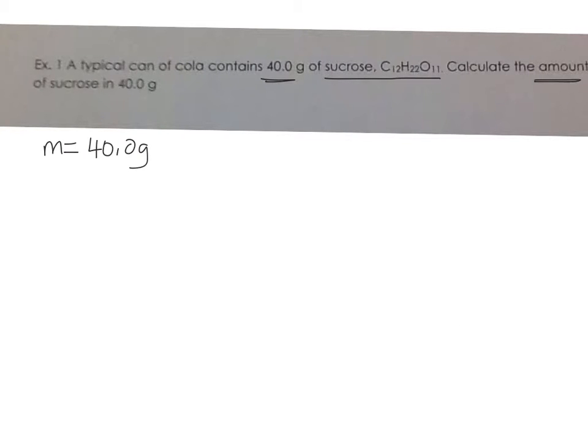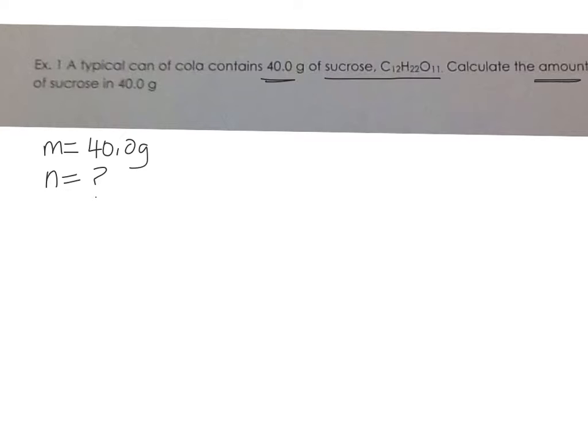They want us to find the amount, so they want us to find moles. If they want us to find moles, they must give us molar mass. This rarely happens. What they do give us is the chemical formula, so you actually have to calculate the molar mass and use it.